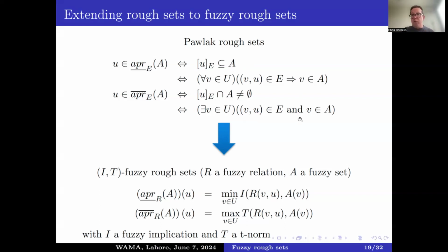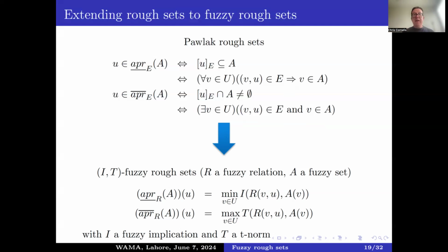And for those of you who are familiar with fuzzy logic, there is not one way to do that, but there are whole classes of logical connectives available for that. For instance, for implication, we have a class of fuzzy implications, and for conjunction, we can use so-called triangular norms, or shortly T norms.